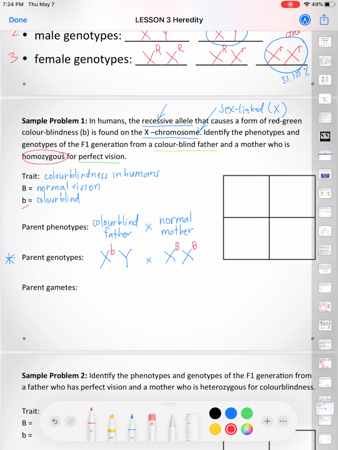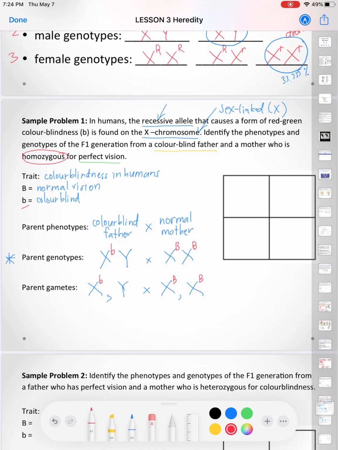Okay, so therefore, when we figure out the gametes, we take a look at the father. The father can give his child either his X chromosome or his Y chromosome, and the mother can give her offspring either an X or an X only, with the appropriate assigned B's on them.